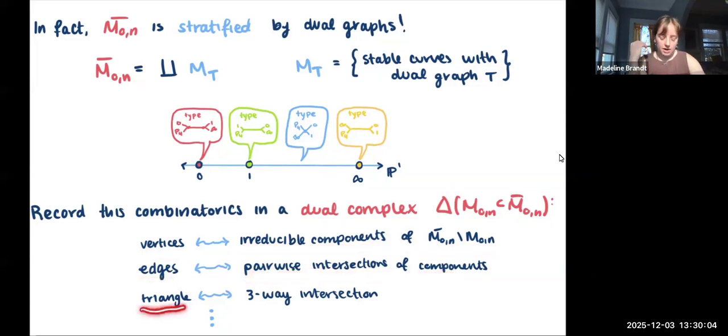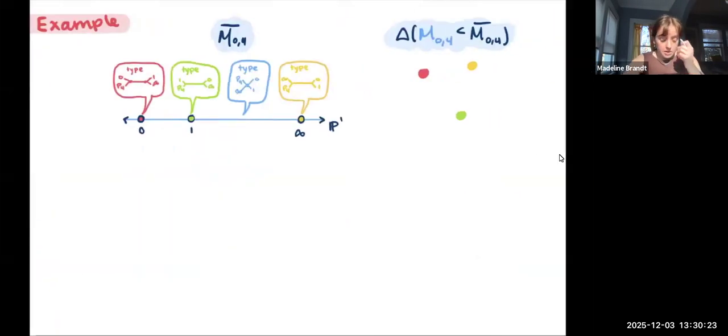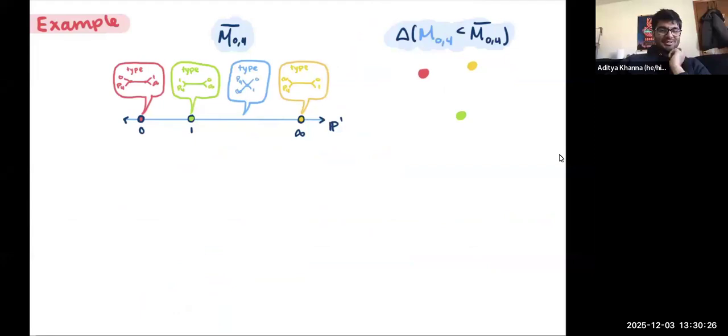And then you get a triangle whenever you have a 3-way intersection, and so on. I'll say what it is for this example, but since the red, the green, and the yellow don't intersect each other, there's not going to be something super interesting going on, but I'll give you another example as well.